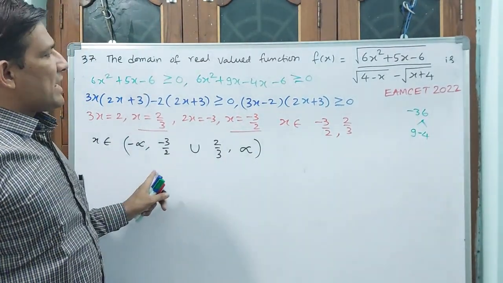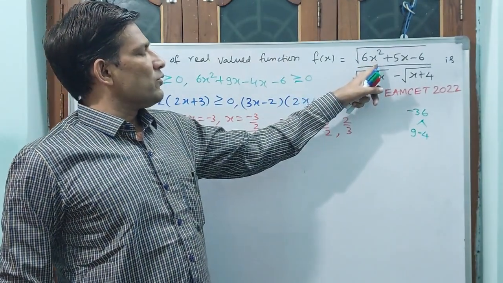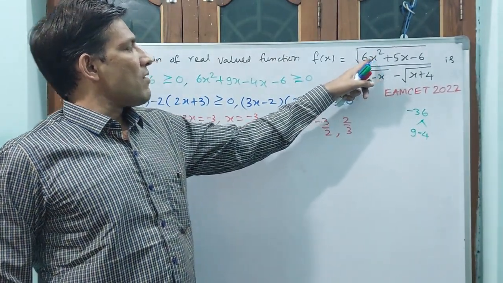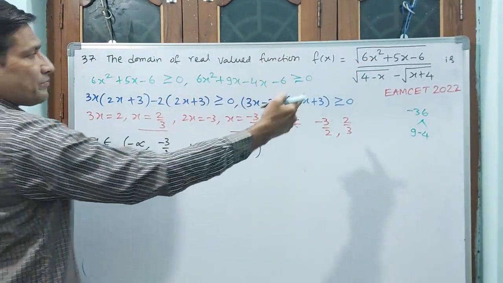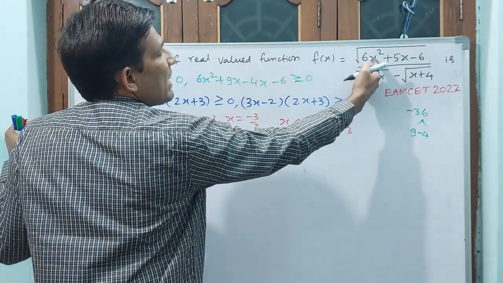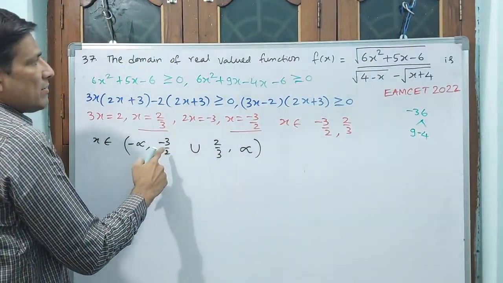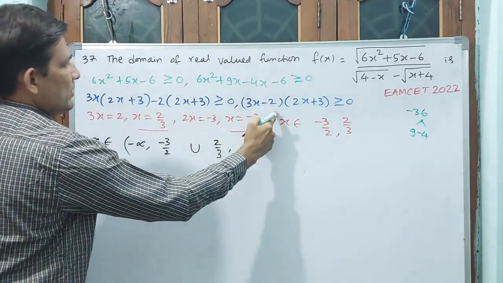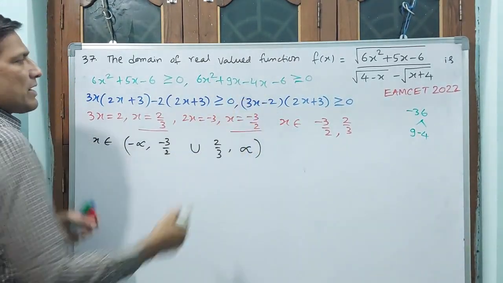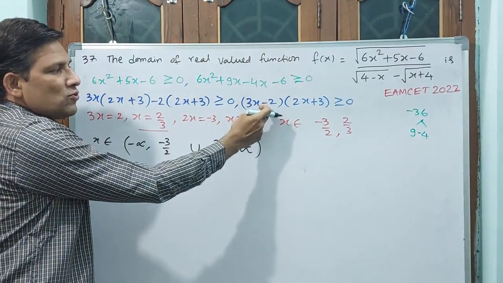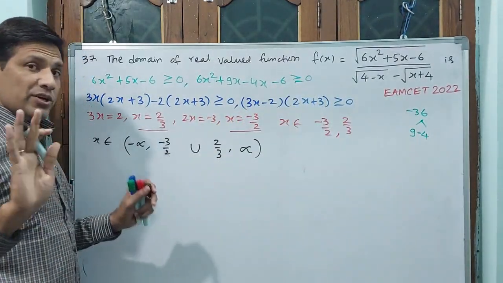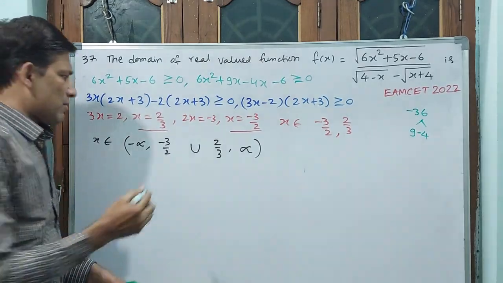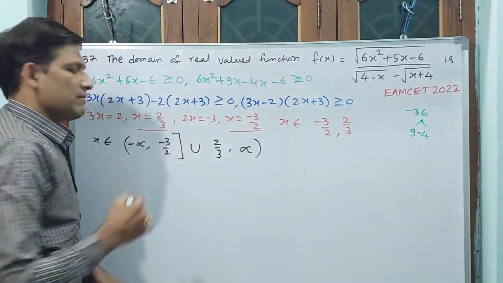What if you give minus 3 by 2 here? Minus 3 by 2 in the square, you see, if you give minus 3 by 2, 2 minus 2 is 0. That means it is going to become 0. If it becomes 0, no problem, then you put a closed interval.